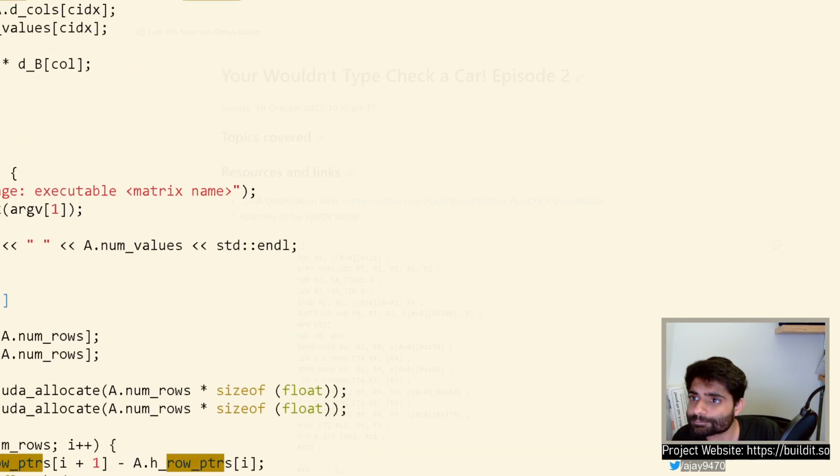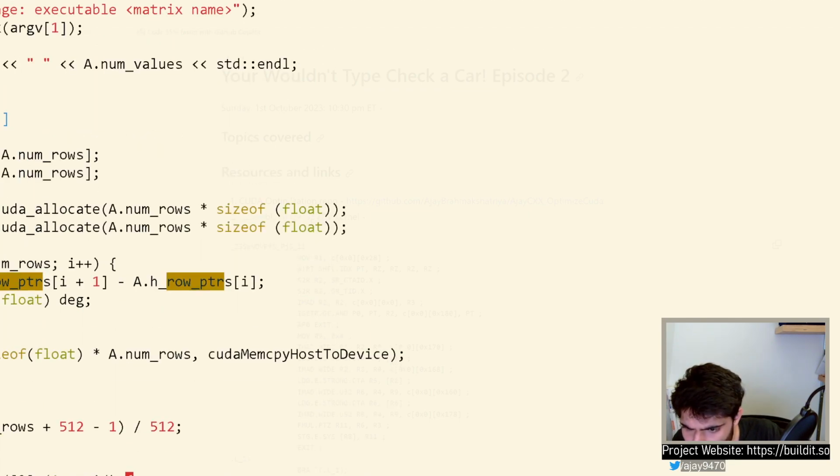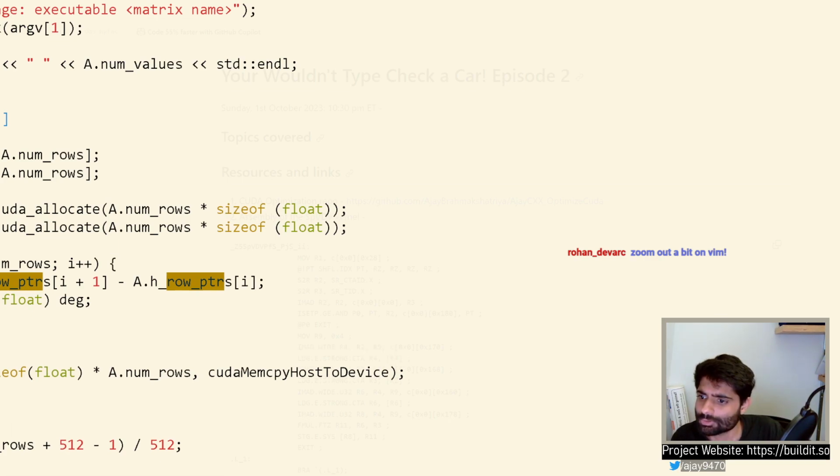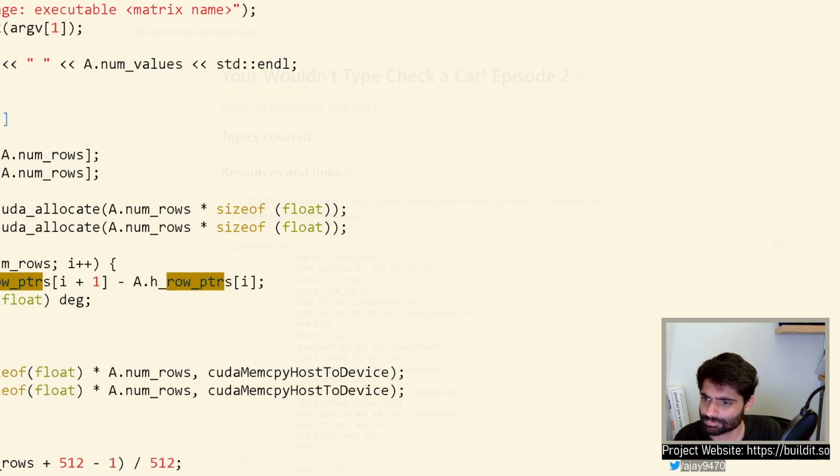I could also have initialized this, which I forgot, but that's not the reason why this is crashing.